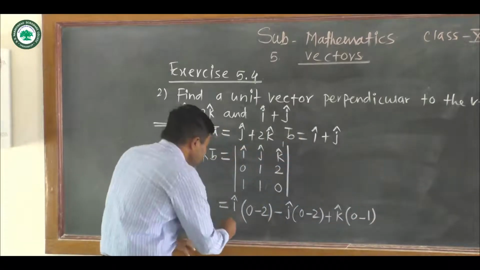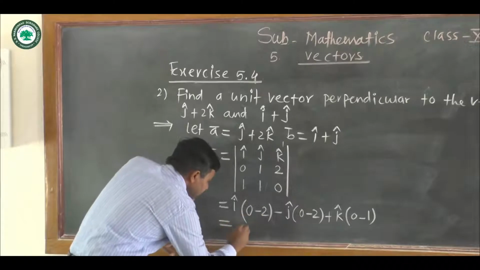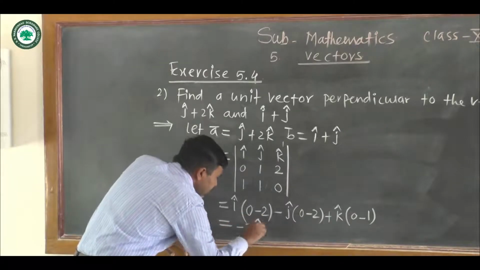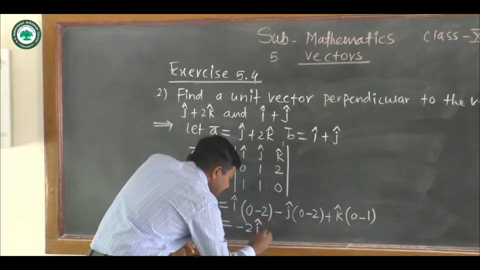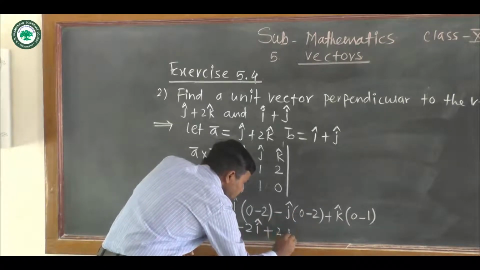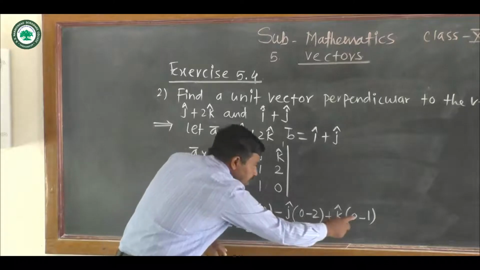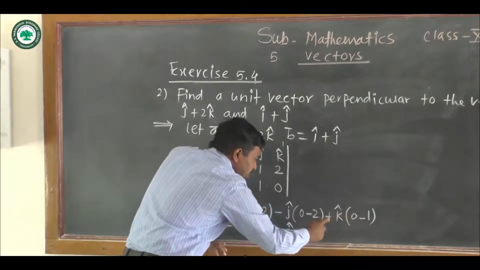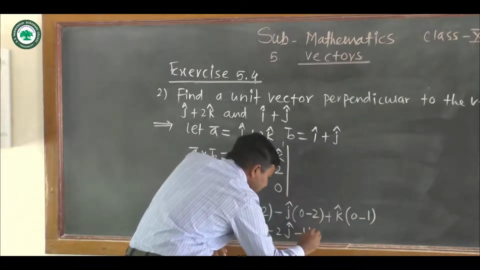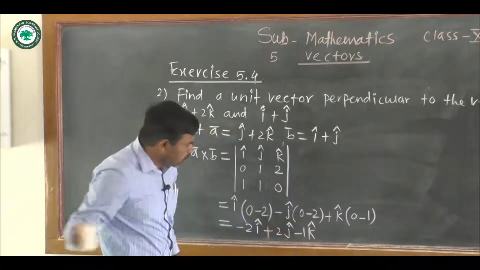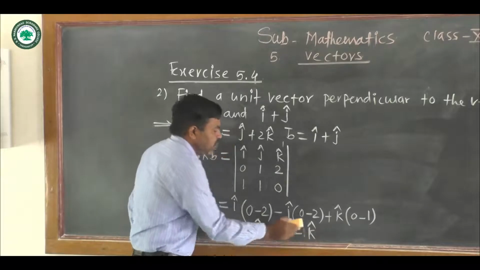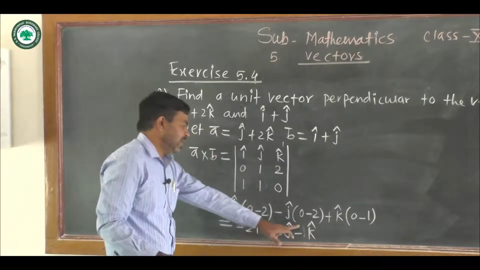So it is 0 minus 2, minus 2 I cap, minus minus 2, plus 2 j cap, and 0 minus 1, minus 1 k cap; there is no need to write that 1 also.